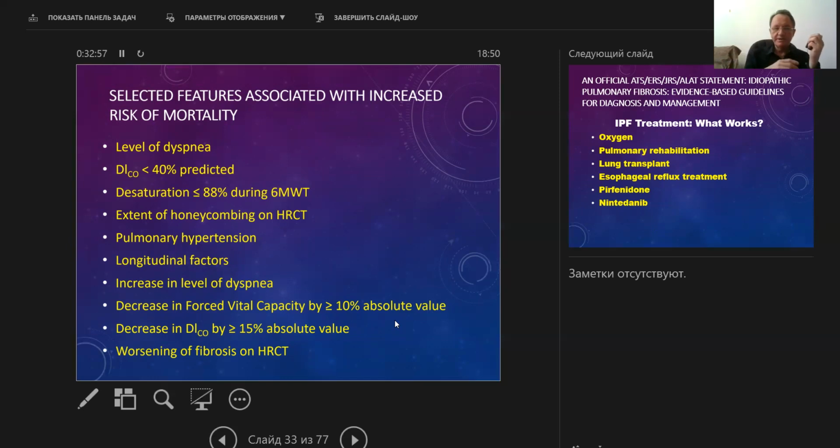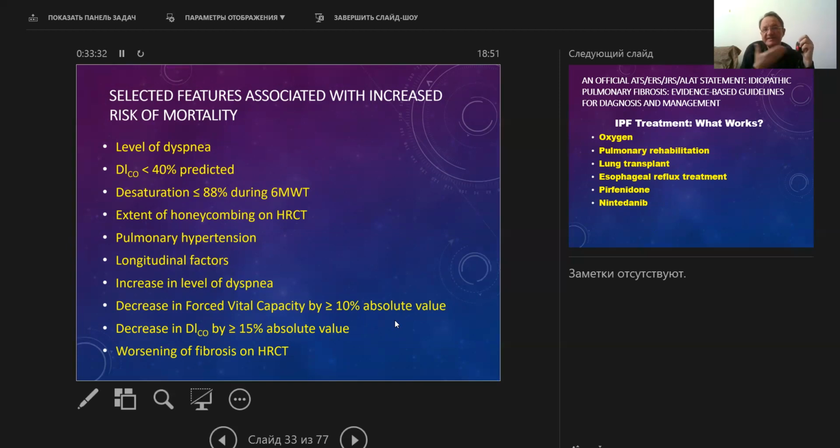But sometimes we check these results only at rest. It's very important to retest after physical exertion, for example, during the 6-minute walking test, or after the patient climbs upstairs one or two levels.